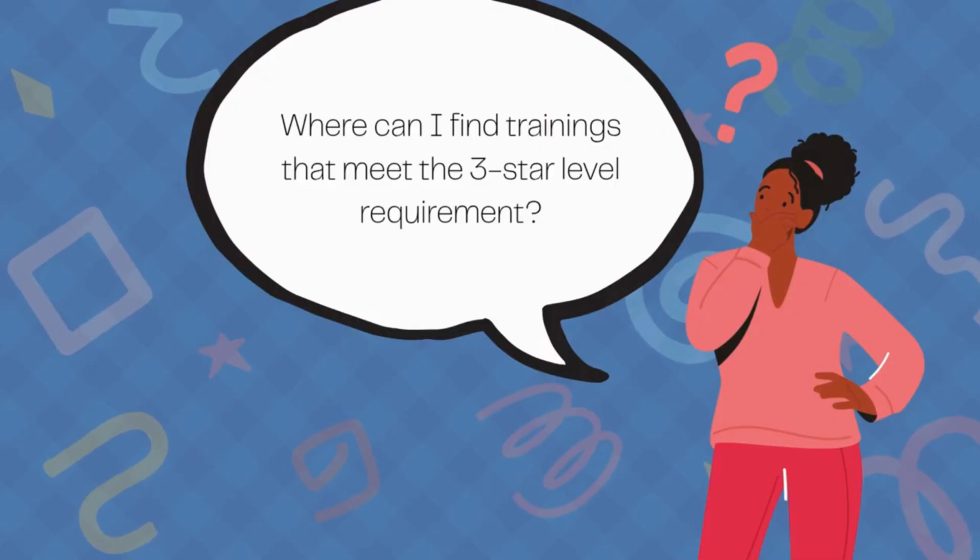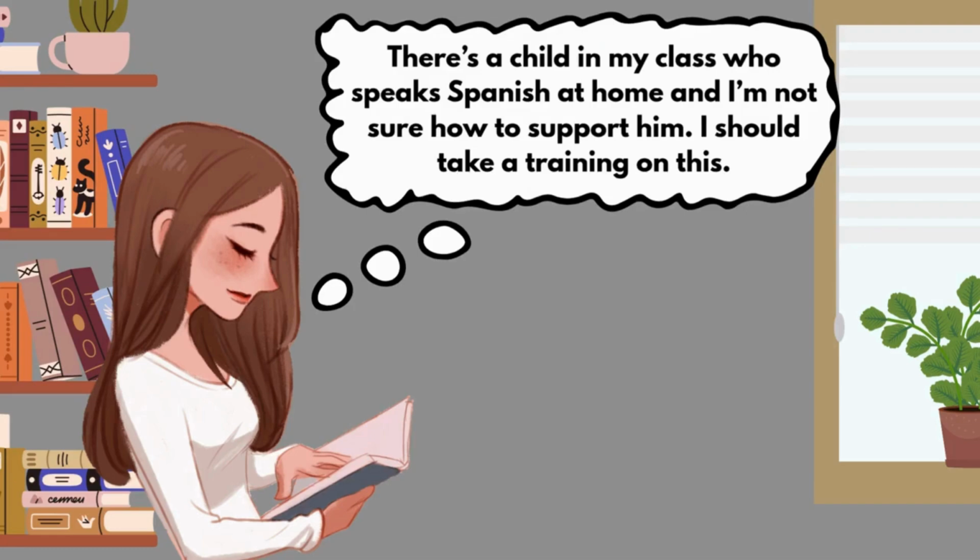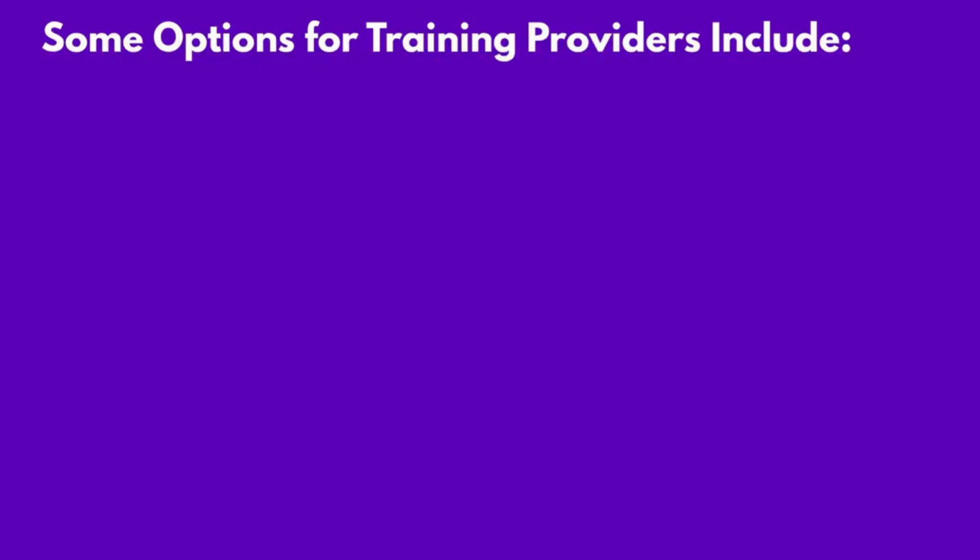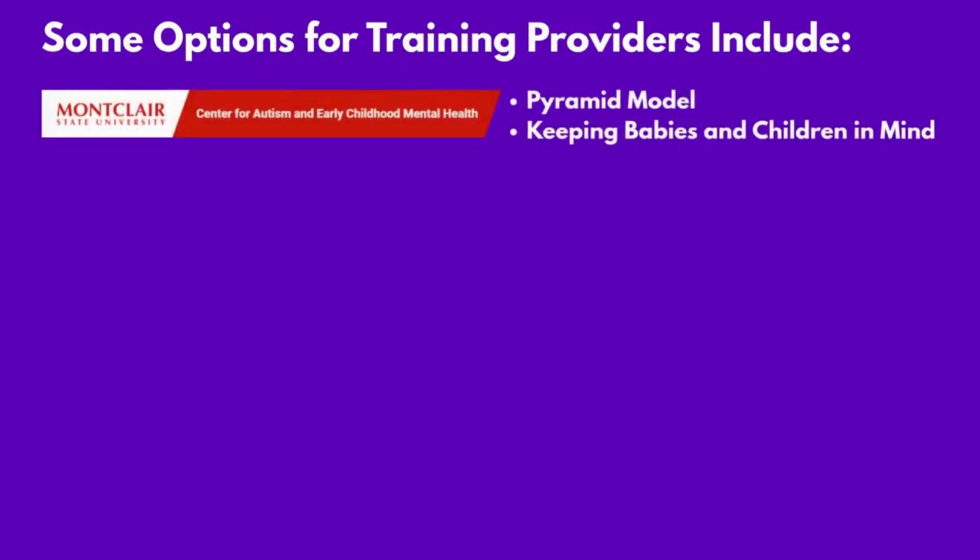Where can I find trainings that meet the 3-star level requirement? For the developmentally and culturally responsive training requirement, choose trainings that will have the biggest impact on your work with the populations you serve. Some options for training providers include Montclair State University's Pyramid Model, Module 1, which addresses cultural responsiveness.